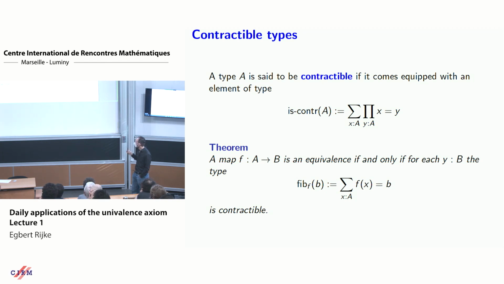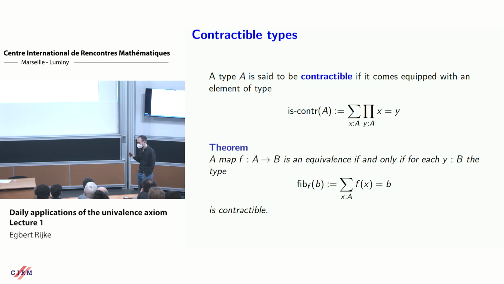And also I should say, this notion of maps of which the fibers are contractible was Voevodsky's original definition of an equivalence. So he formulated the univalence axiom with this notion where the fibers of f are contractible. And why did he do that? Why don't we just say that a map is an equivalence if it has an inverse, the way we used to?